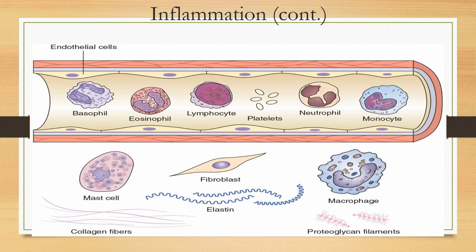The endothelial cells, the basophils, and the eosinophils, lymphocytes, monocytes, and the neutrophils. And so those are all of your white blood cells there, plus your platelets are there. You see the mast cell. So all of these things are coming to the rescue in that inflammatory response.